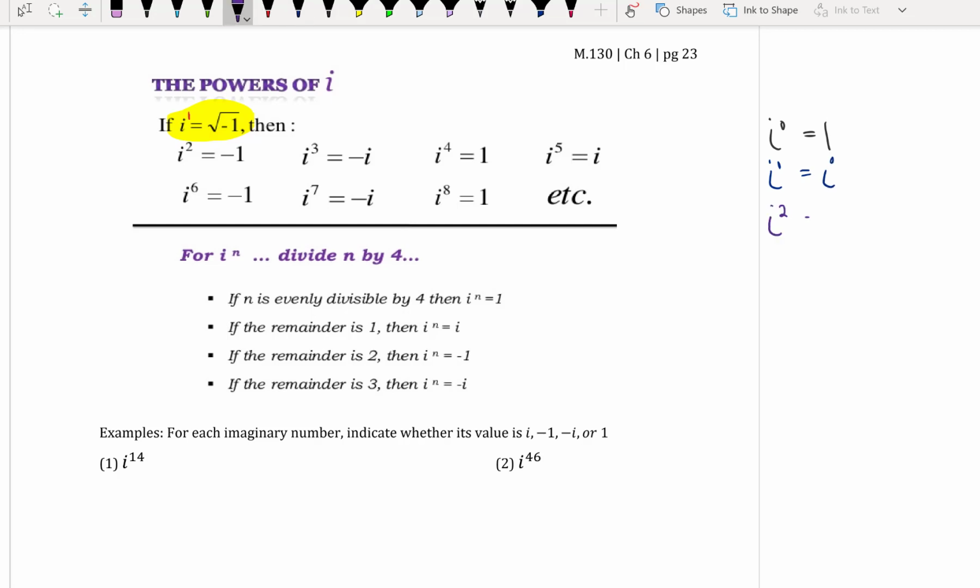My i squared, as mentioned before, is really a negative 1. And then my i to the third power, as seen here, is a negative i. And the cool thing about this is that now i to the fourth, it repeats the pattern.